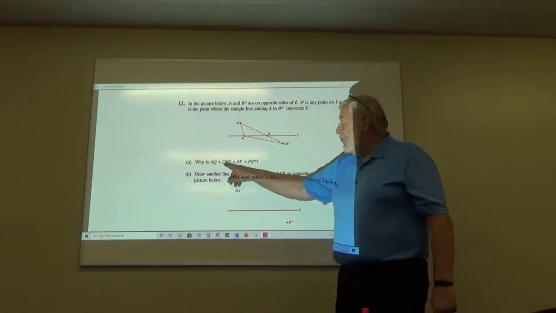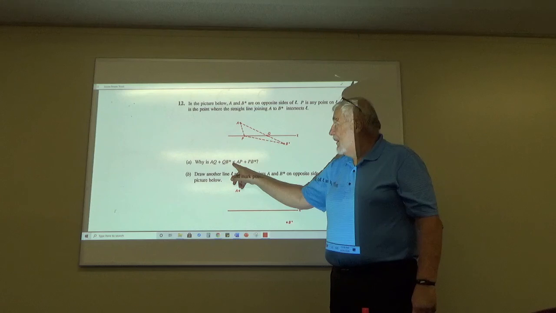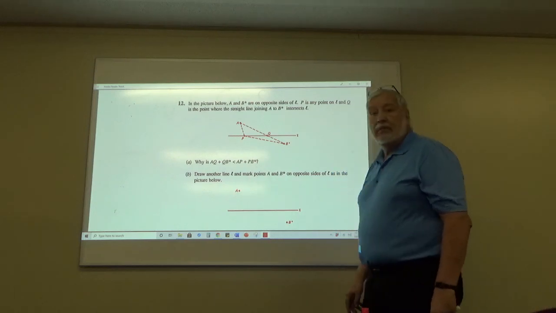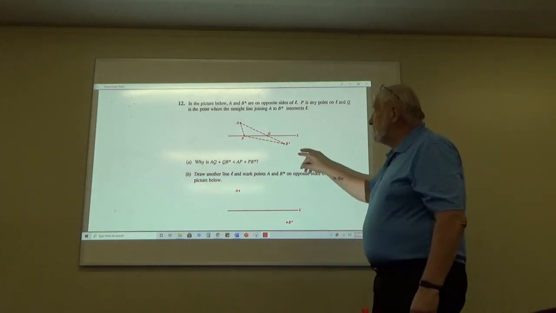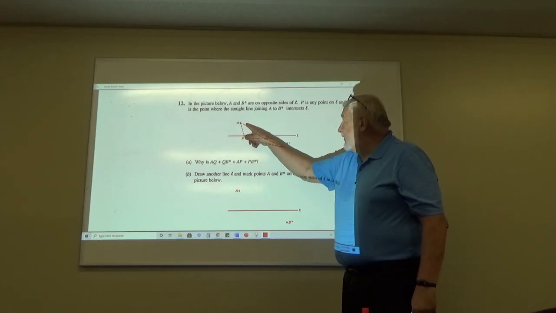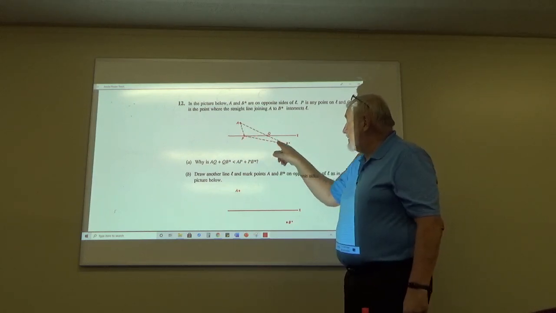Now, why is AQ plus QB prime less than AP plus P to B prime? Why is this distance here less than this distance here?